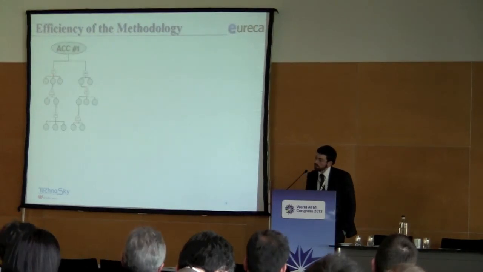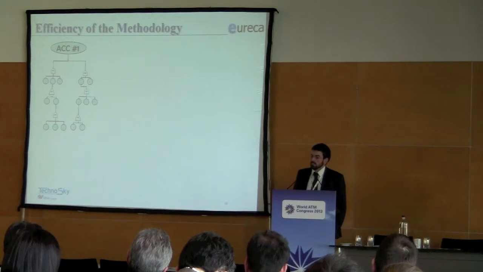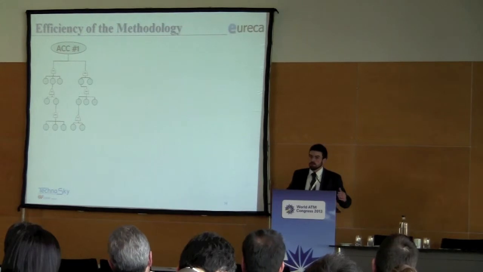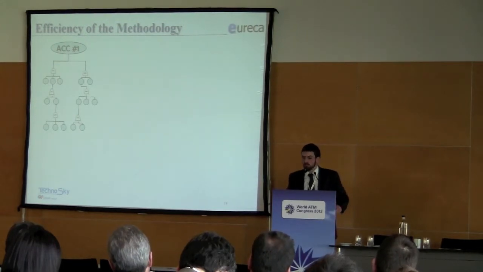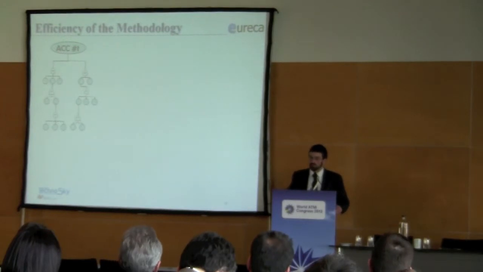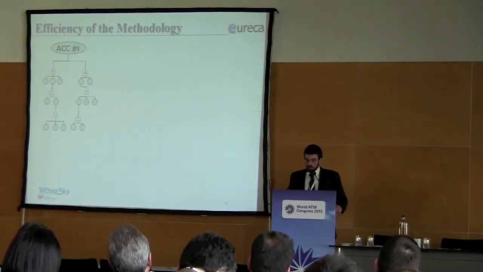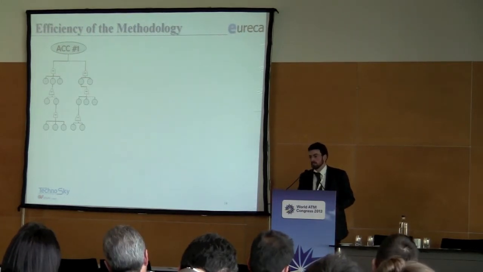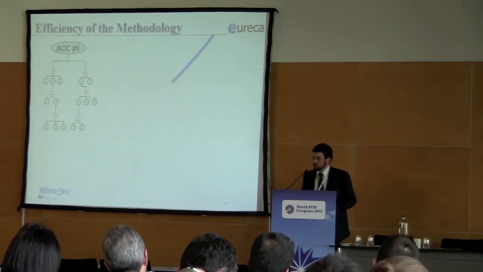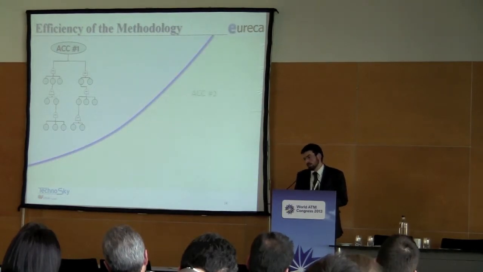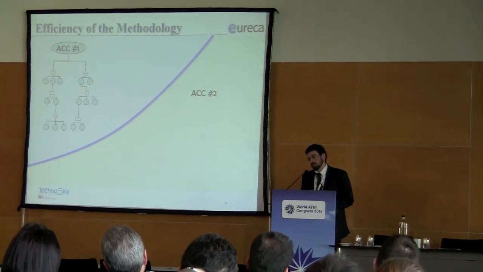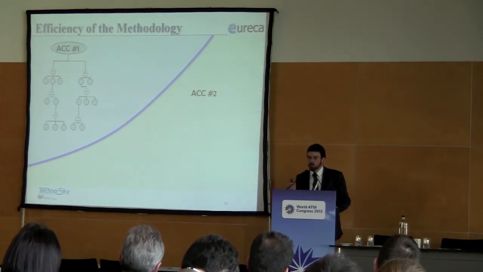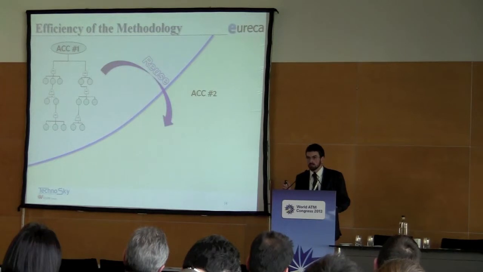Why can we say that the Eureka methodology is efficient? Suppose that we have realized the equipment analysis of ACC number 1, the Area Control Center number 1. Of course, I have all the functional trees of all the services of that ACC. And if I have to assess another ACC, the efficiency is given by only one thing: the reuse of what?